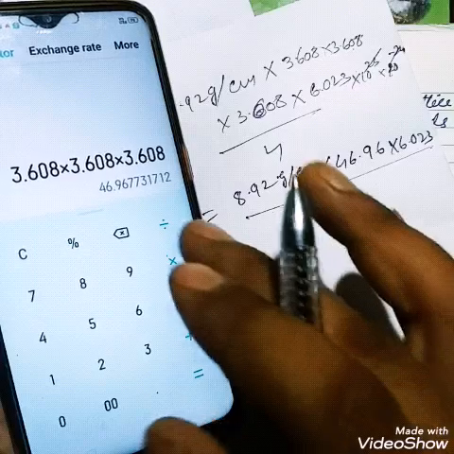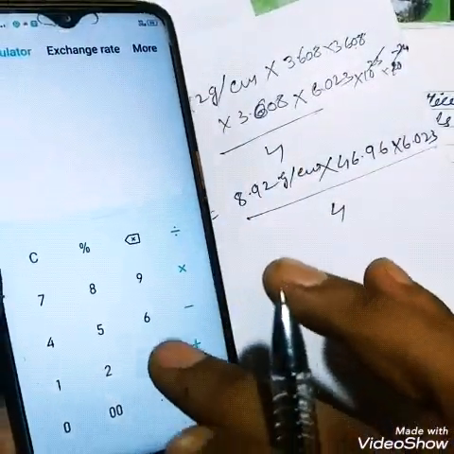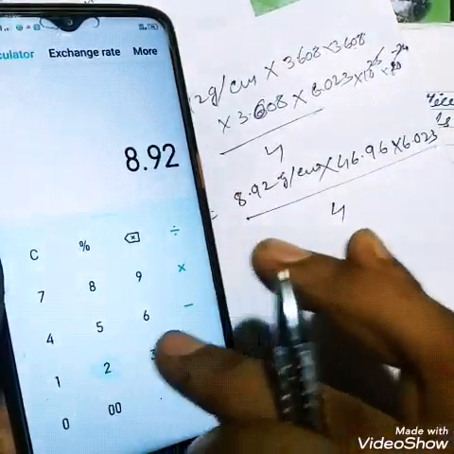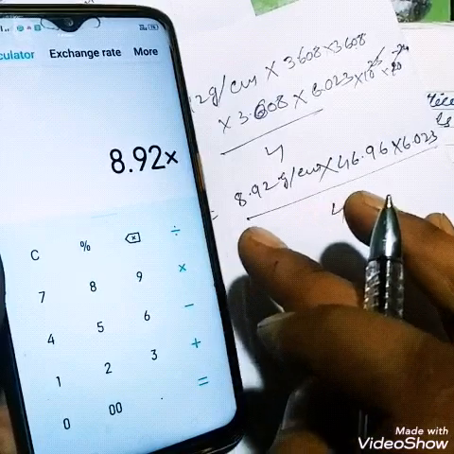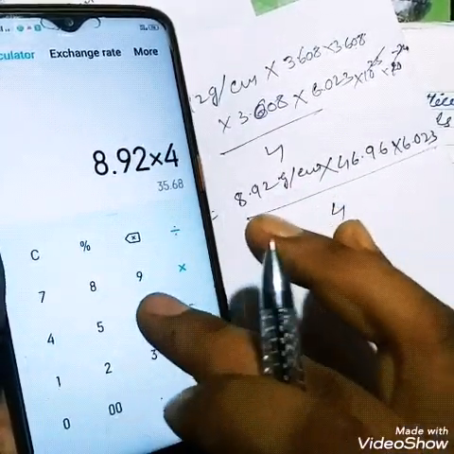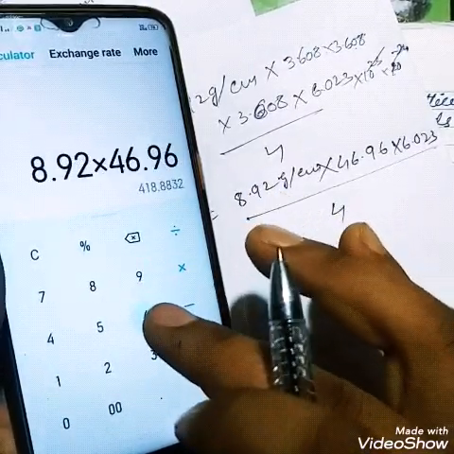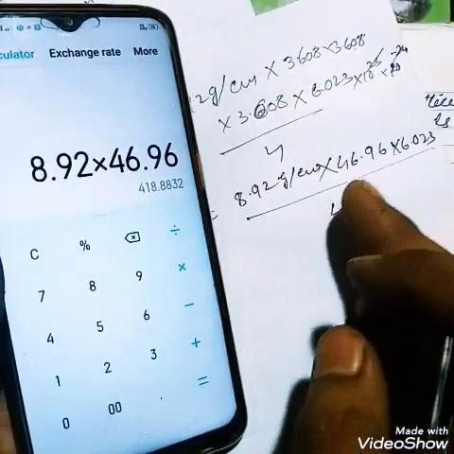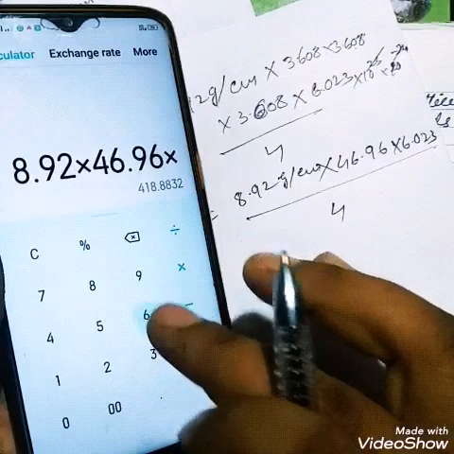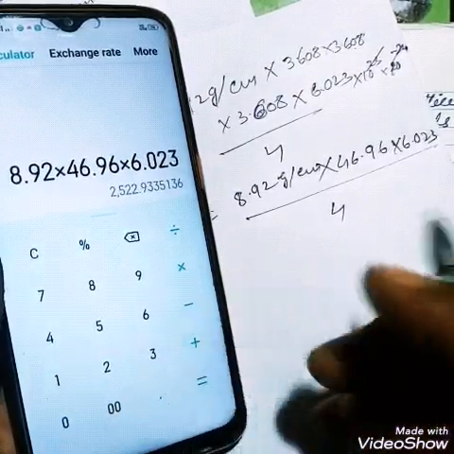Now again I am multiplying here. First of all, 8.92 into 46.96, which we consider as 47, and into 6.023.